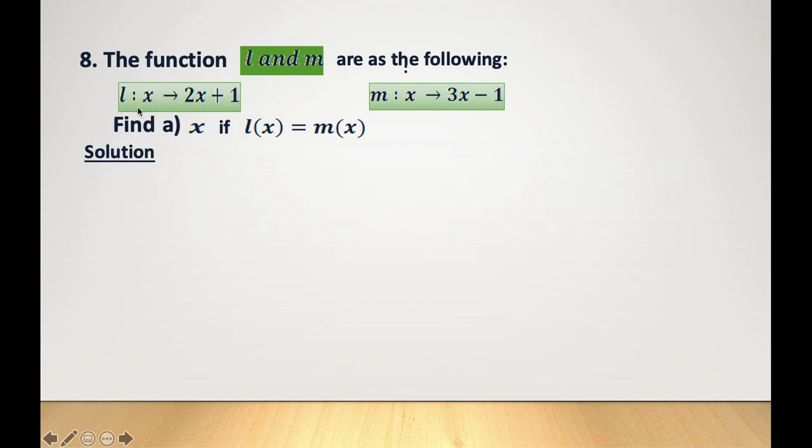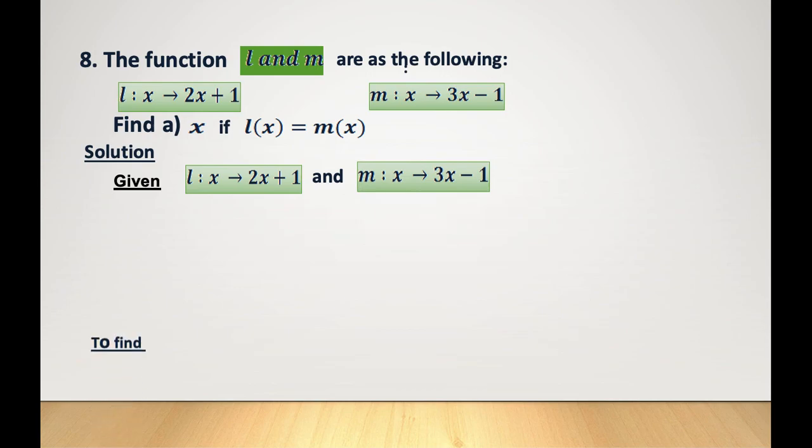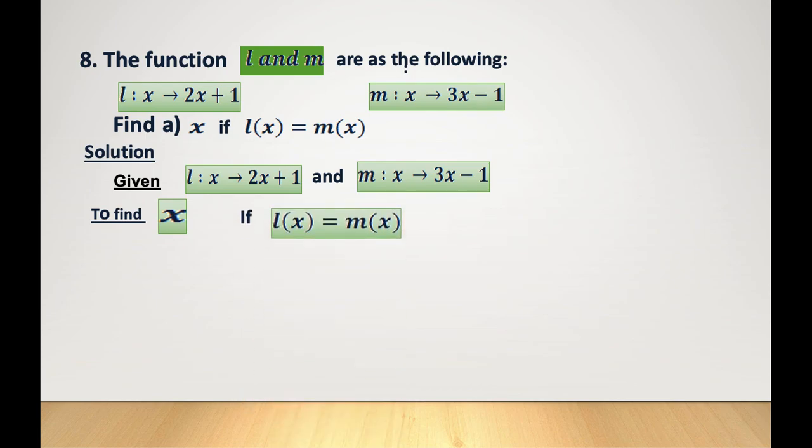That means L of x and M of x are given as equal. So you just substitute the values given. L of x is 2x plus 1 and M of x is 3x minus 1. So 2x plus 1 is equal to 3x minus 1.